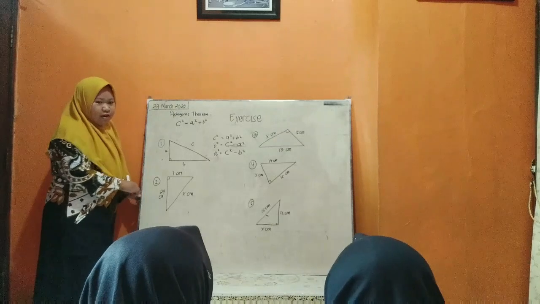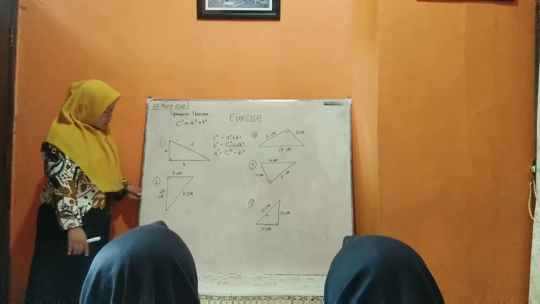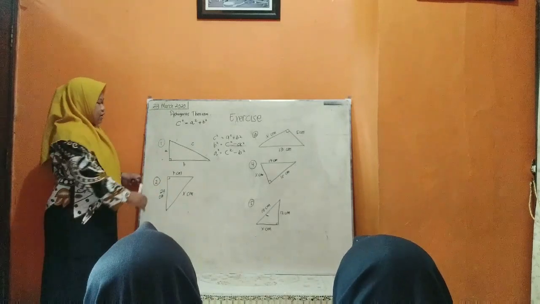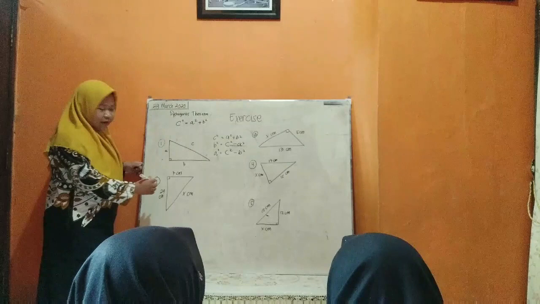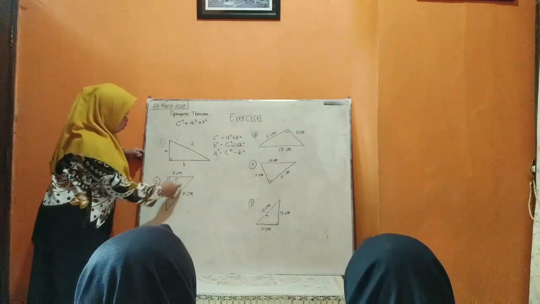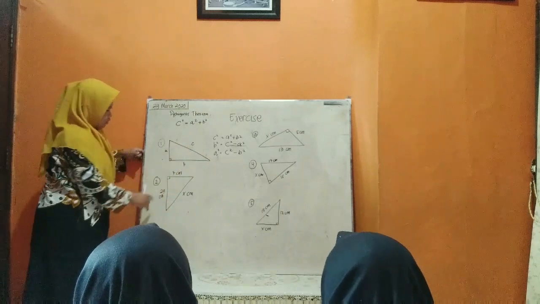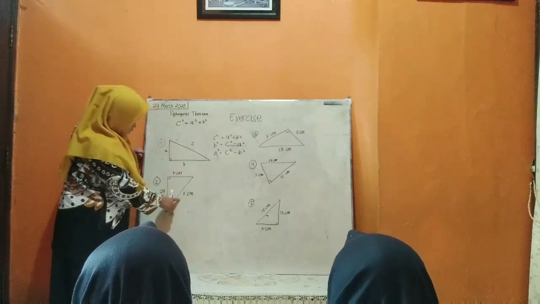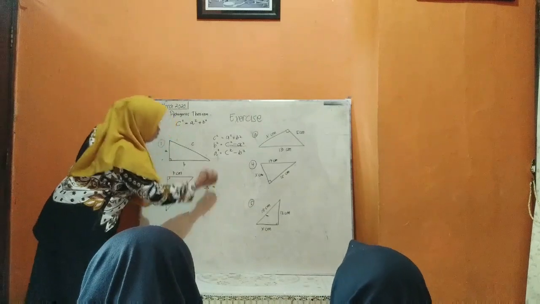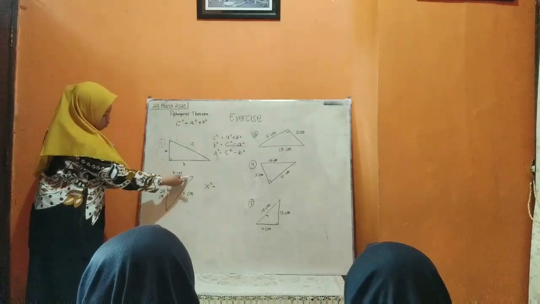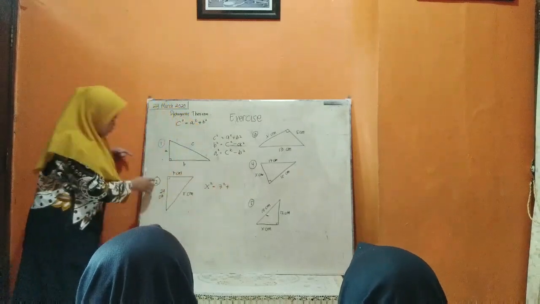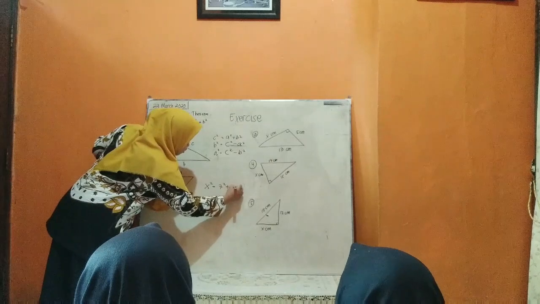The next, number 2. The question is determine the value of x. We use the Pythagoras theorem. x is equal to c in this picture. So we can write x square is equal to a square, where a is 7, 7 square plus 24 square.